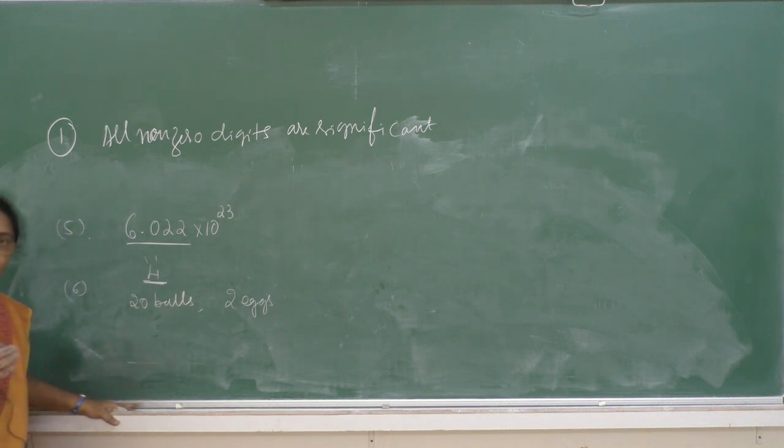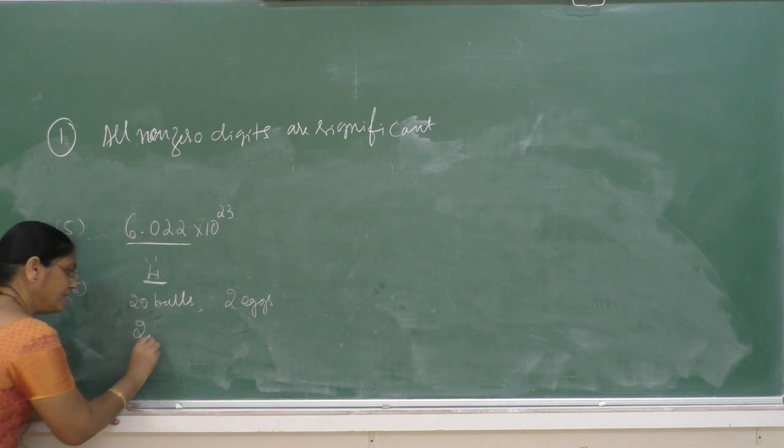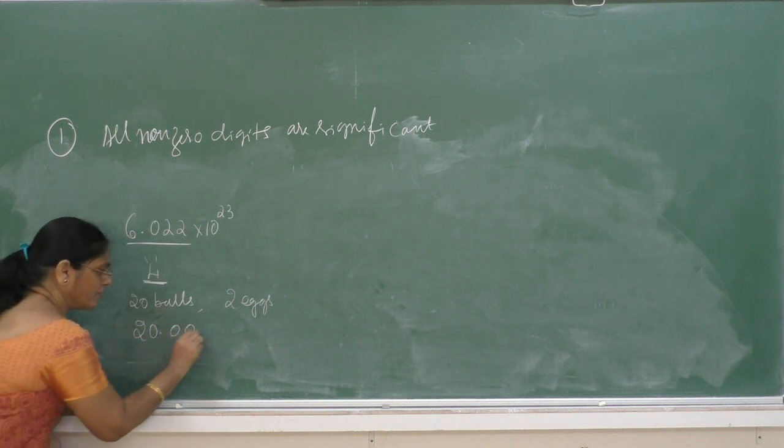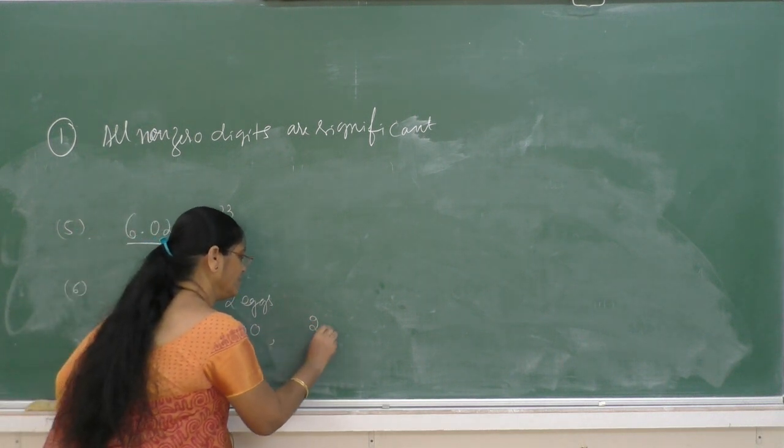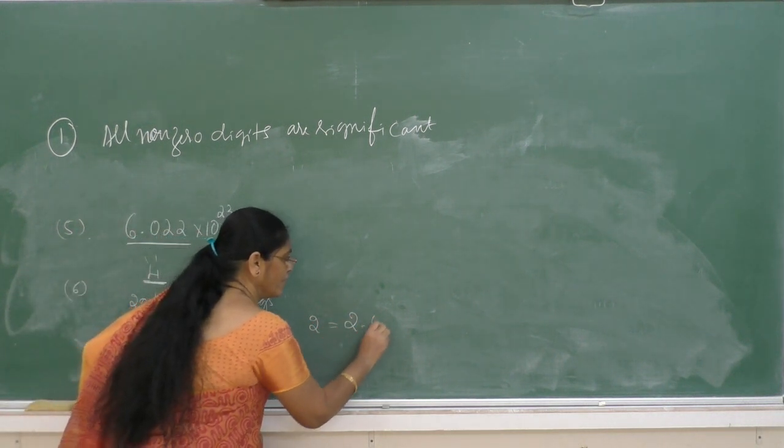They can be represented by putting indefinite zeros after the decimal. So 20 can be written as 20.000, and similarly 2 can be written as 2.000.